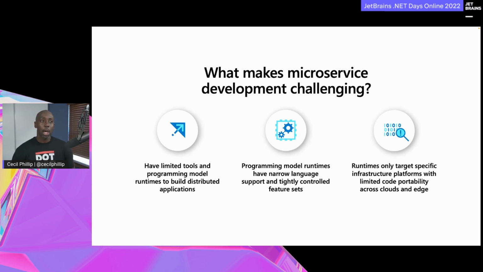Now, for each of those things that you want to do, there's just so many different options. I'm sure any of you watching can name 2 or 3 or more message brokers, like RabbitMQ or RocketMQ or ActiveMQ, Azure Service Bus, Amazon SQS, and so on and so forth.